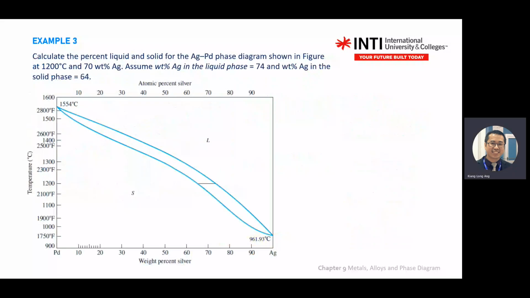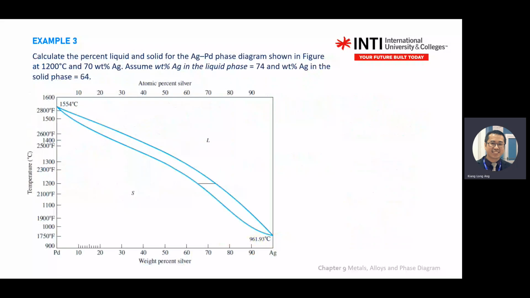Why is there Fahrenheit here? Okay, never mind. We just look at Celsius and percentage of silver. Here you have Pd and Ag. You know that 100% Ag is here and Pd 0 here. Ag is silver. So you always focus on the right hand side.